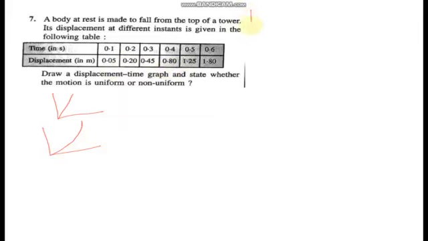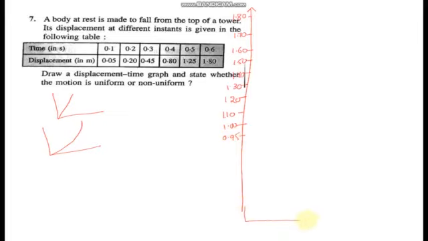Now the values are quite big apart, like the last value is 1.80, so we can see what value we can take. It is our choice whichever value we want to take, like 0.95.